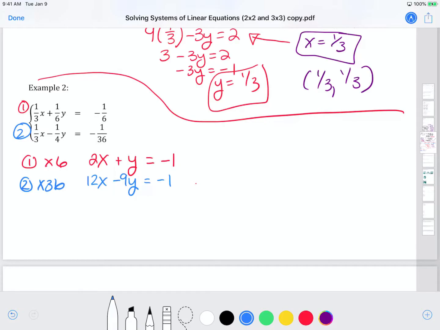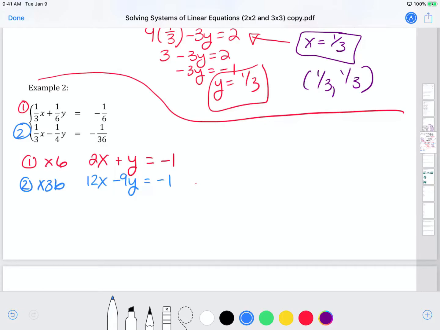So now I've cleared my fractions, and I have 2x plus y is equal to negative 1, and 12x minus 9y is equal to negative 1. What I'm going to do is figure out how I can make these two equations have a variable with opposite coefficients.